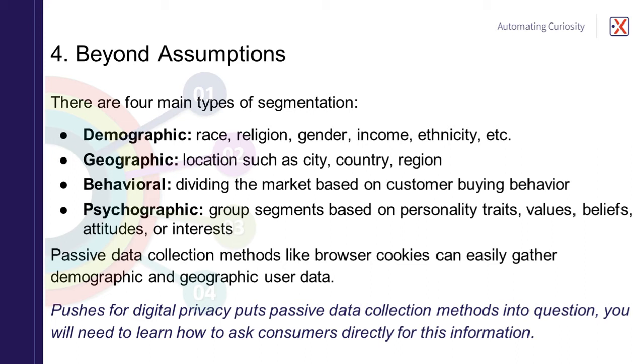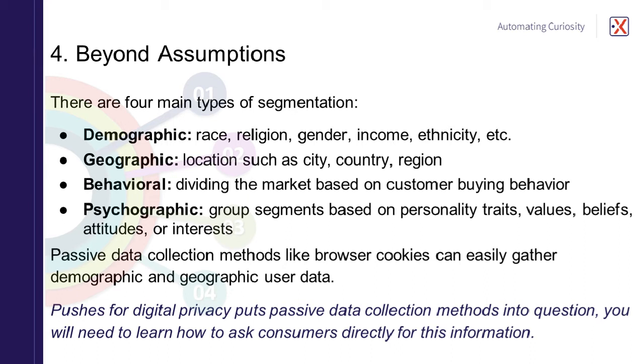Another one is geographically based: where do you live, the country, the type of place, urban, rural, suburban. The third way to segment your data is behavioral, and that is based on more transactional data.